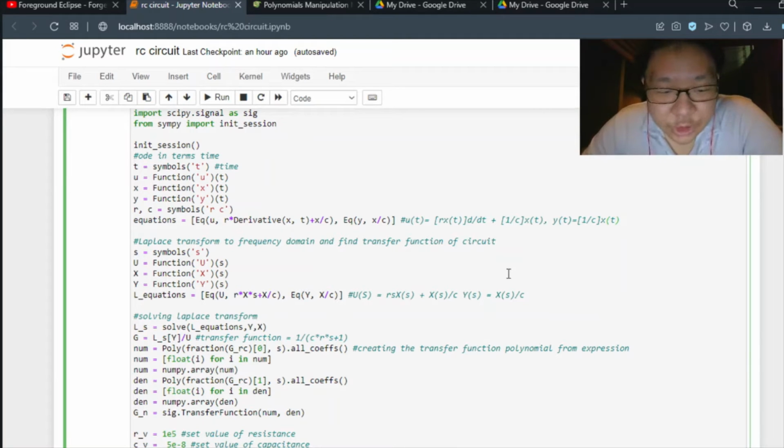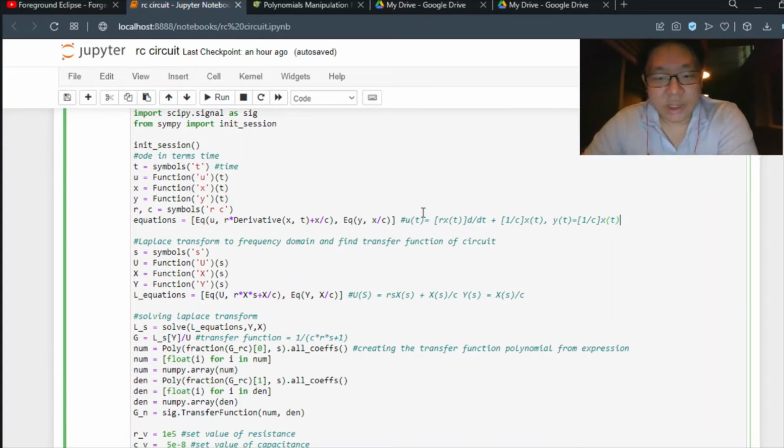It's basically the ratio of the output signal to the input signal, which is just Y to U. And it's in the frequency domain, which is important because, as I stated, at first we only have our ODE in terms of time, so we need to change from the time domain to the frequency domain.